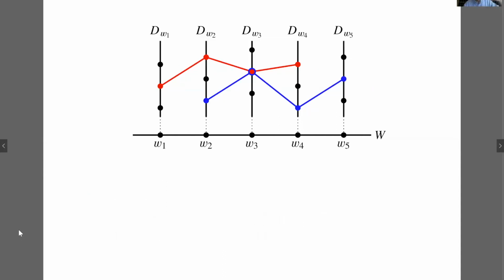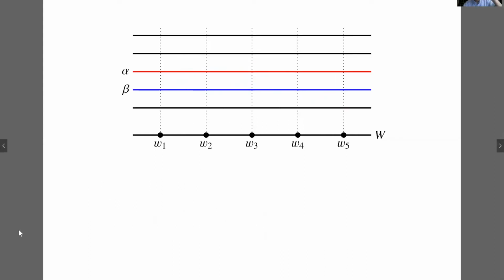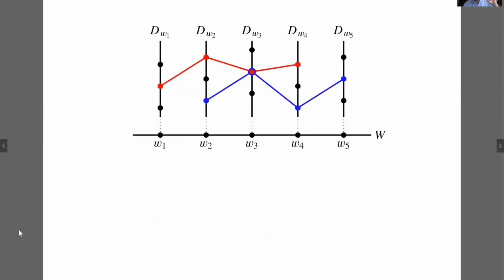Okay, so that is how to interpret individual terms. Now, the next order of business is to interpret the predicates, but predicates generally denote properties of individual intentions.